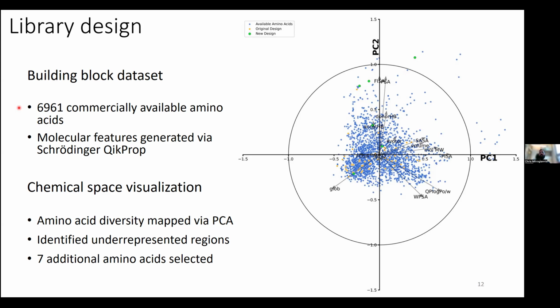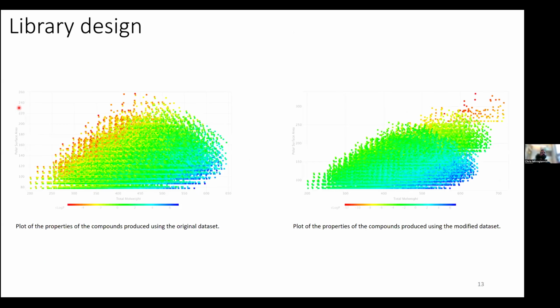Some of them are quite close to amino acids of the original design, but some others are quite far, and this is going to give some diversity in our library. So in this scheme, you can see the properties of the compounds of the original dataset to the left and of the modified dataset to the right.